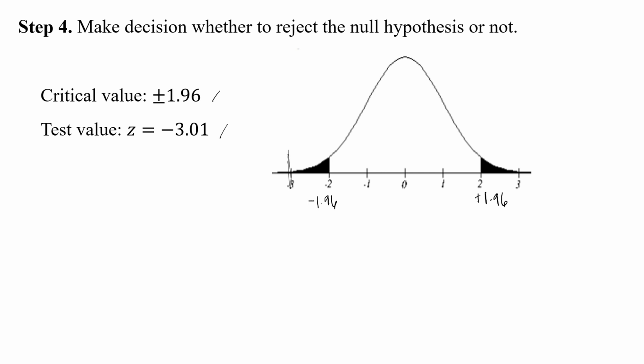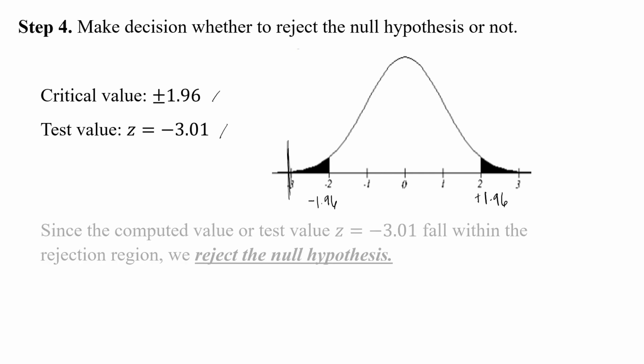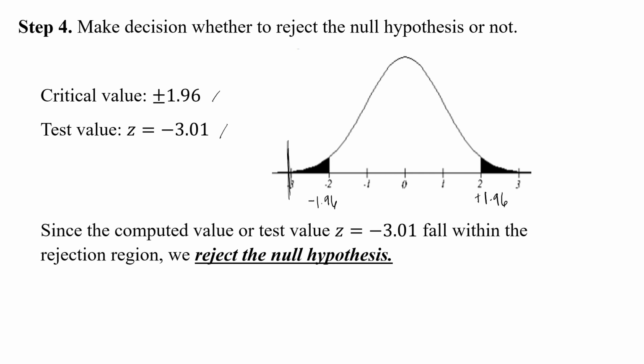So, nandito ngayon si 3.01. Okay, so ibig sabihin, pasok siya doon sa ating rejection region, yung may shaded part. Ibig sabihin nun, kailangan nating i-reject si null hypothesis. Okay? Since the computed value or the test value that z is equal to negative 3.01 fall within the rejection region, we reject the null hypothesis.